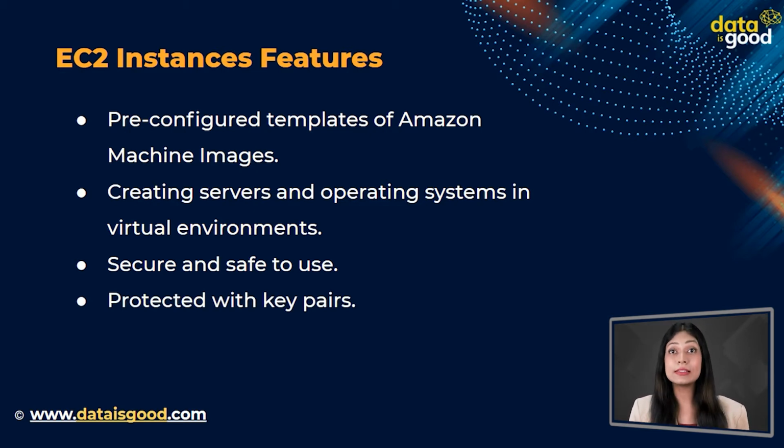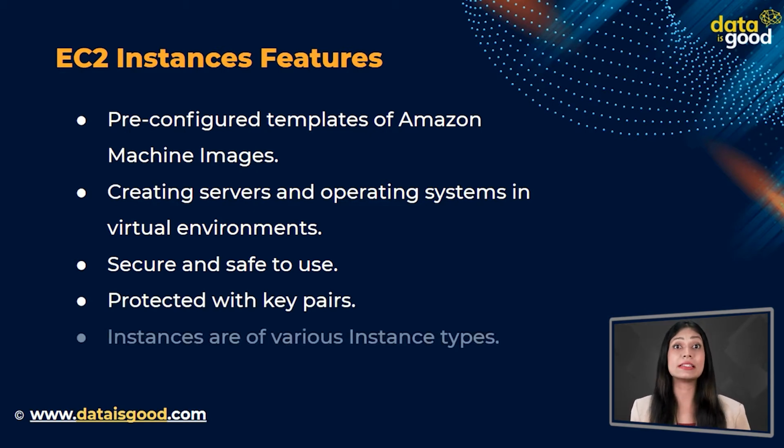We can use instances as per our needs because instances are of various instance types. Instances also provide a firewall that allows users to specify ports, protocols, and source IP range that reaches your instance. This makes our instances safe and secure, and these settings can be configured using the security groups.